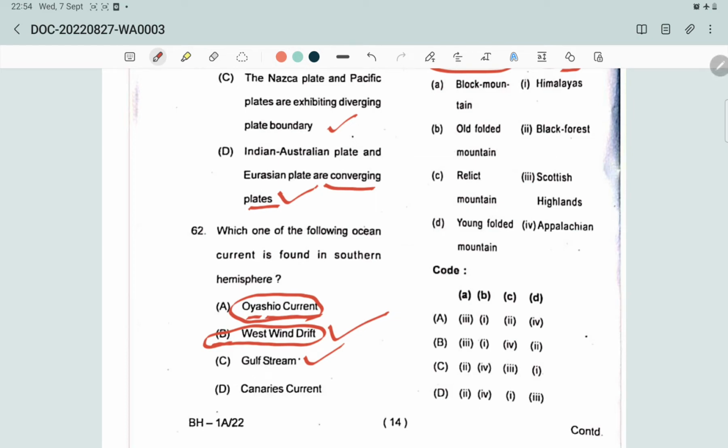The Appalachian is an example of Old Mountain, the Scottish Highlands are an example of Relic Mountain, and the Himalaya is an example of Young Folded Mountain, and the answer would be C.